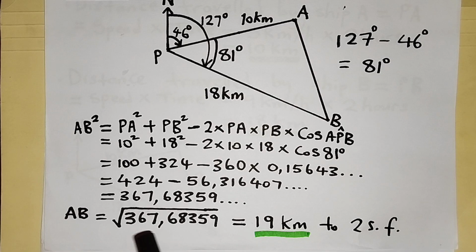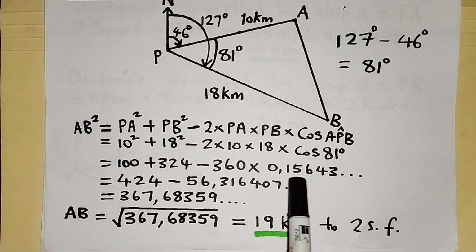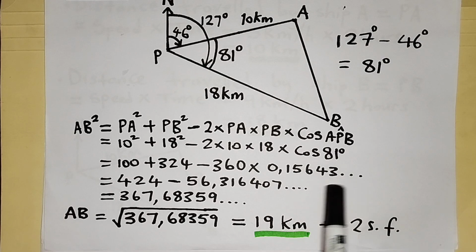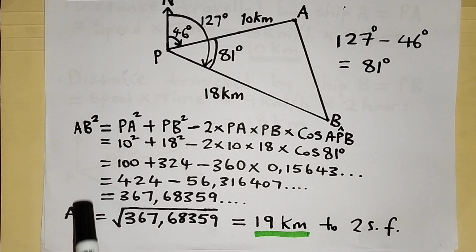0.15643 and so on. Finally, if I add 100 plus 324, I get 424, minus the product of 360 and 0.15643, which is 56.316407. So AB squared equals 367.68359.